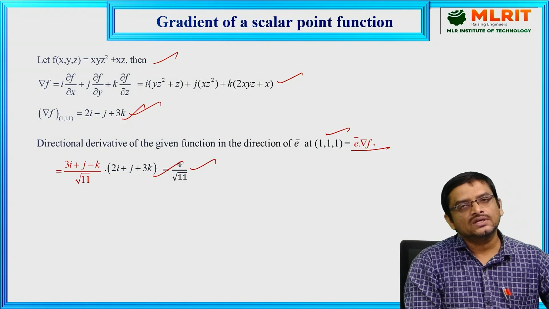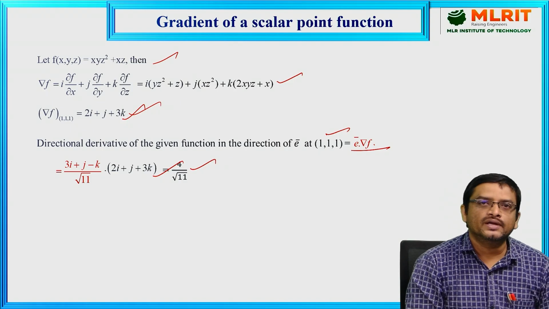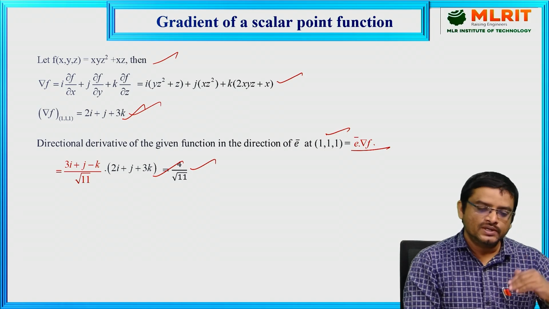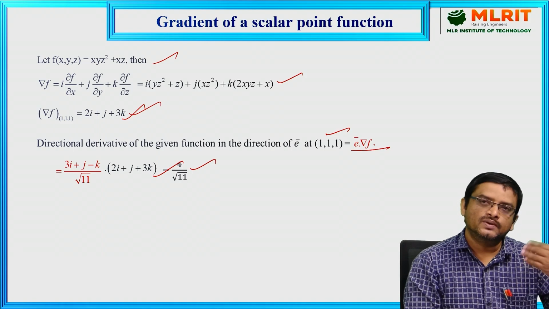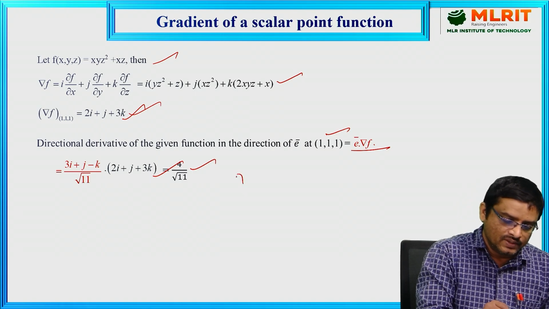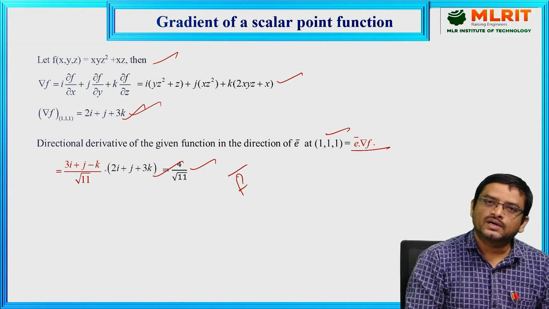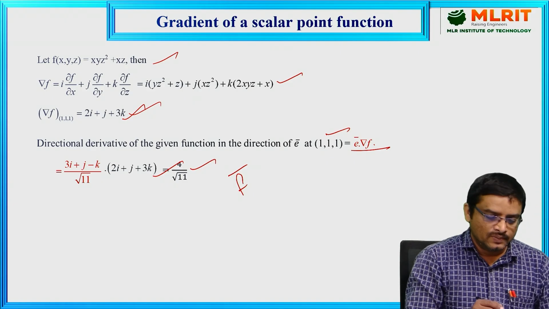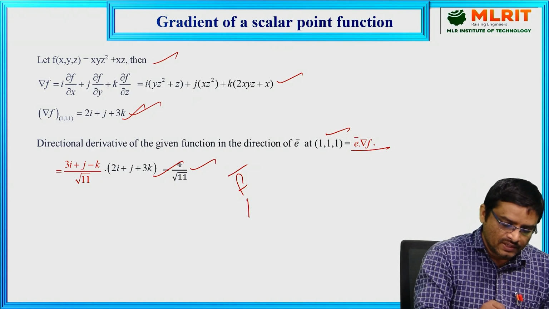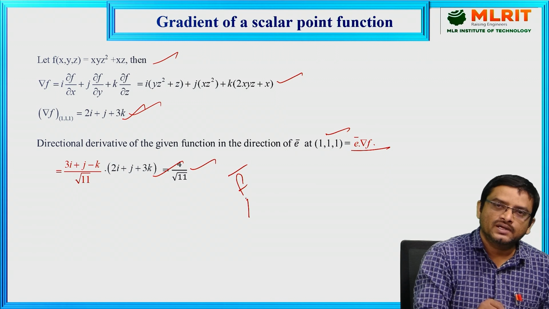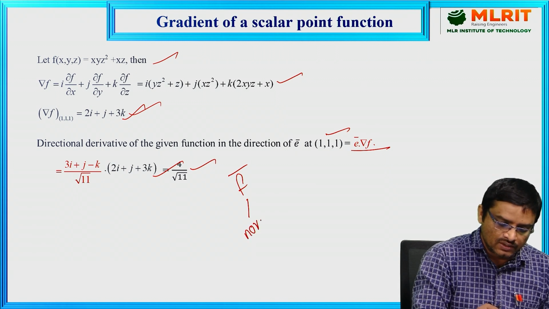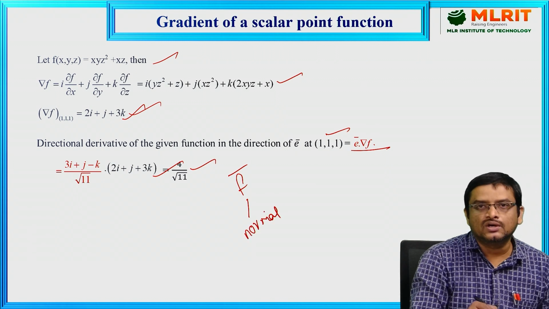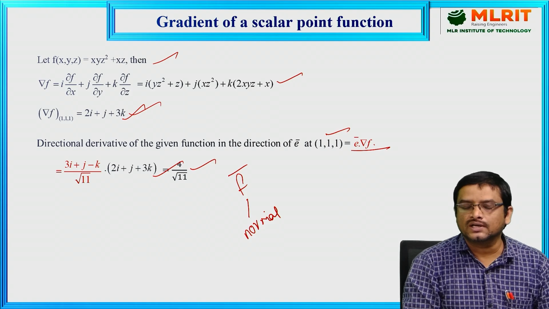So this is another model in the directional derivative. If you observe this problem and the previous problem, in the previous problem he gave the vector directly in the problem itself, but in this second problem, instead of giving that vector directly, he has given the normal to the surface. Just now we have seen how to find the normal to the surface at a particular point.